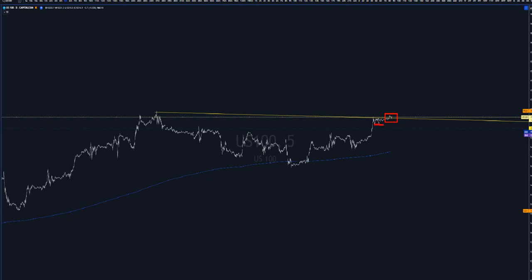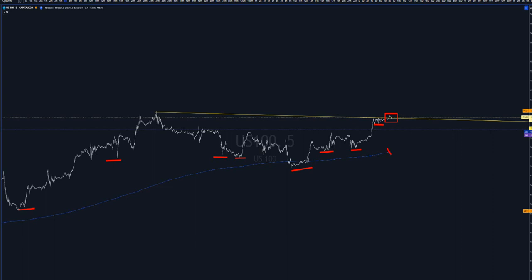Do we want to have a very tight stop? So we can use, for example, these levels for our stop loss. It depends on our personality as a trader.